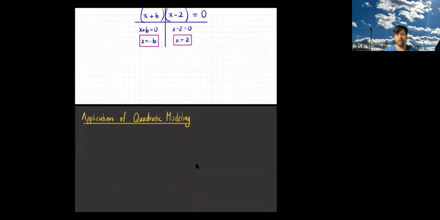One good reason why we use quadratics is because there are certain things in the world that behave parabolically. Most notably, anything that's thrown in our world, doesn't matter what kind of object, usually, a basketball or whatever.